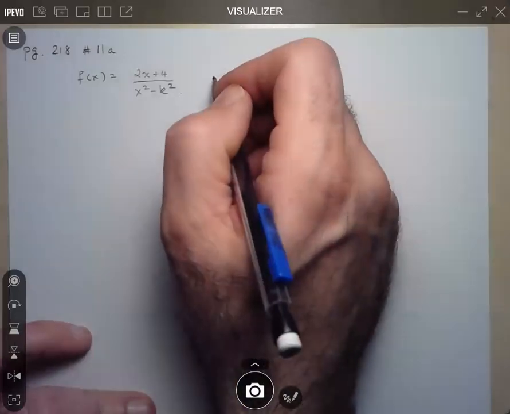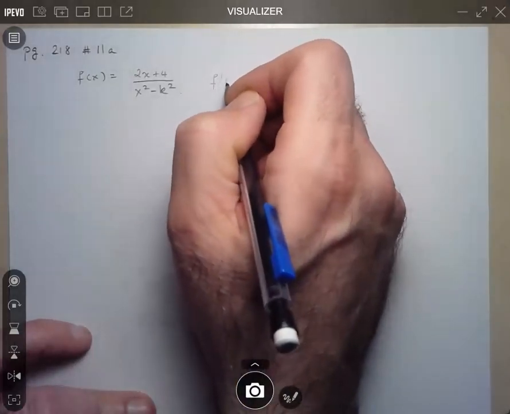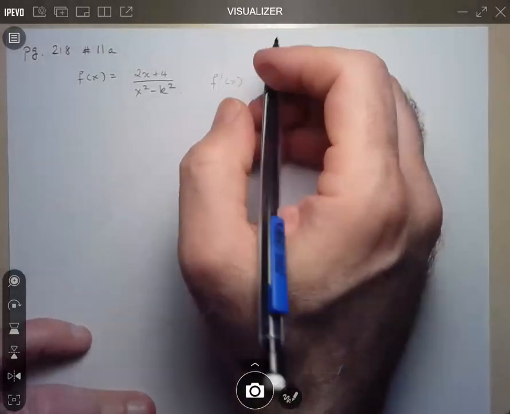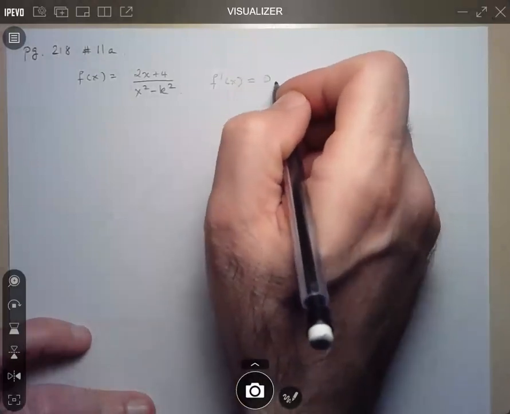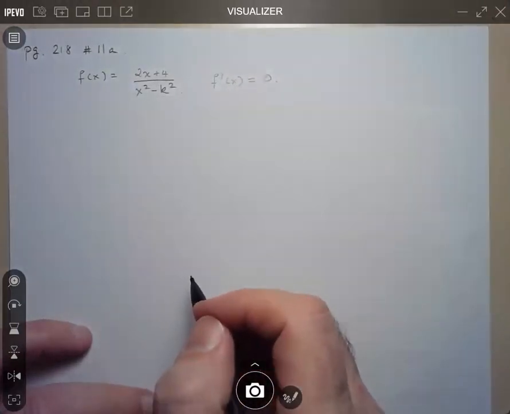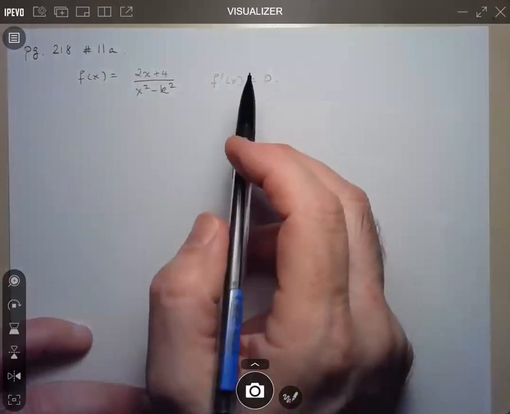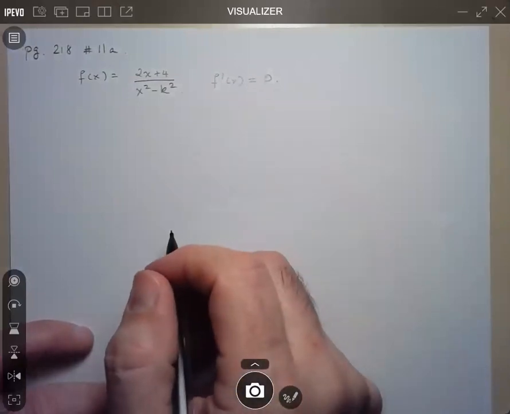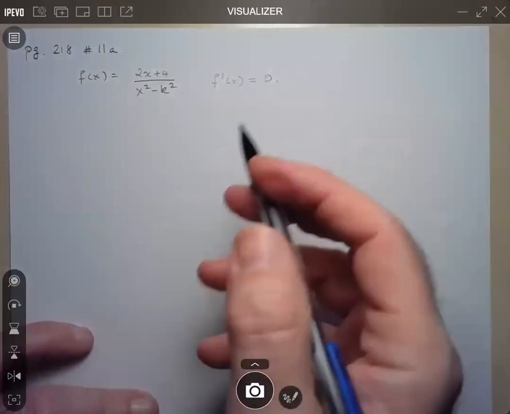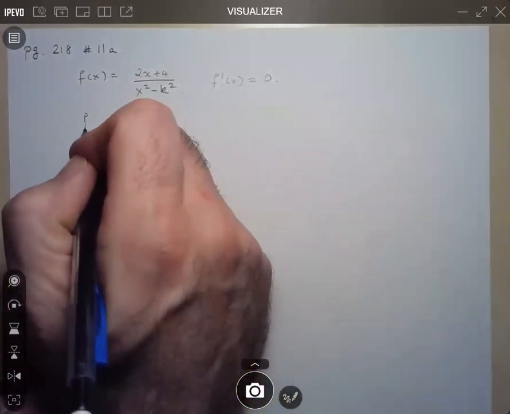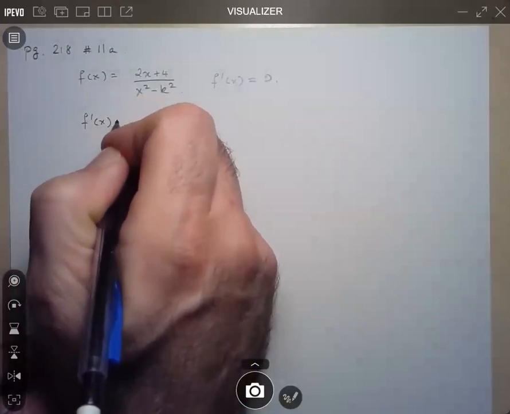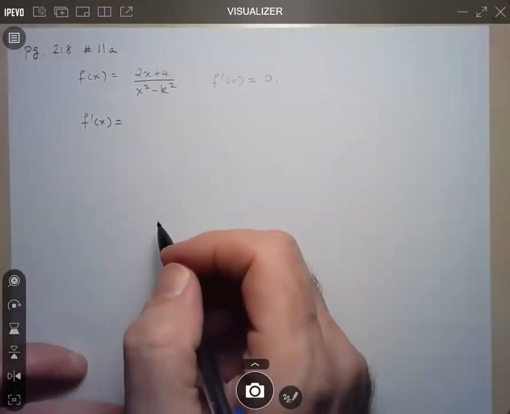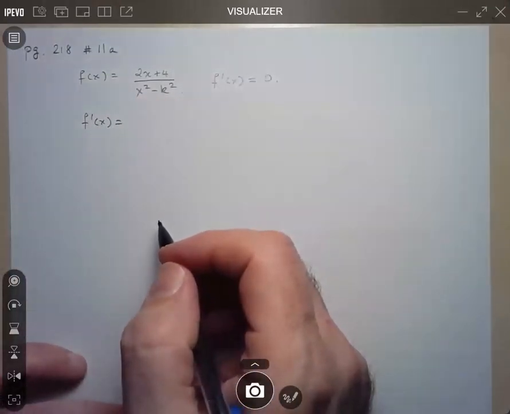Essentially what we have to show is what values of k allow the first derivative to be equal to 0. This is our task if we want to have critical points. Let's start by just taking the derivative. Please make sure you're checking my work very carefully, because any small sign error will change the problem.